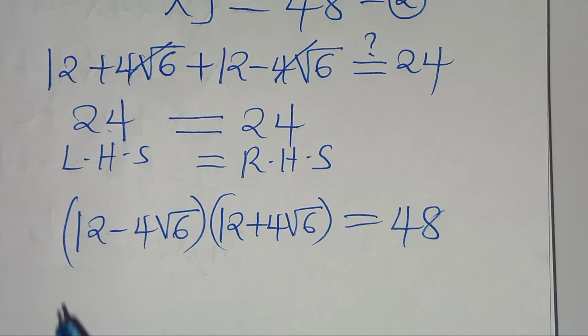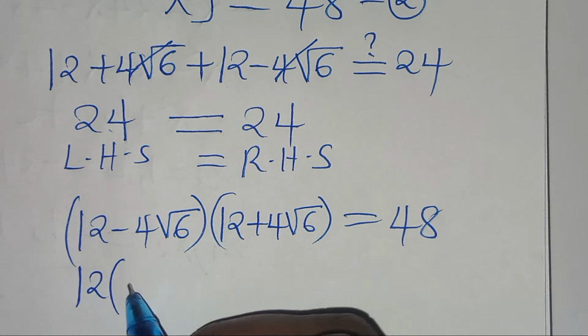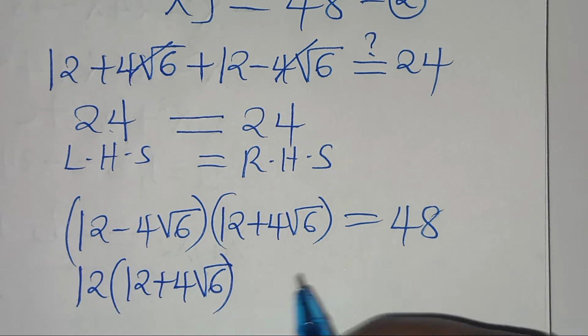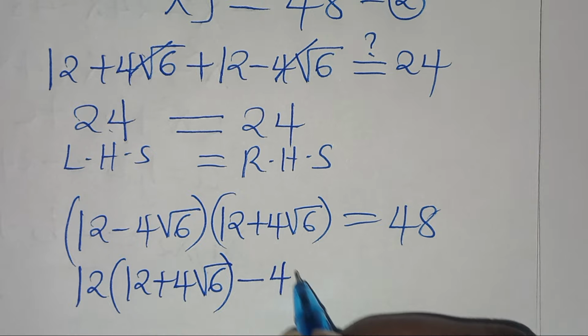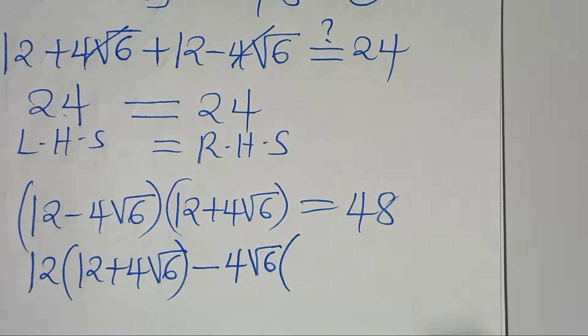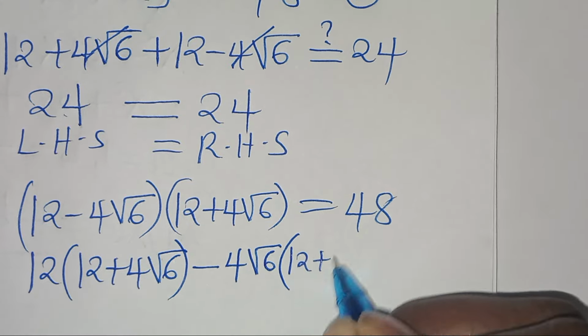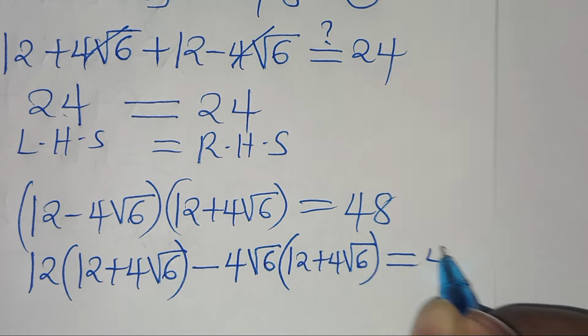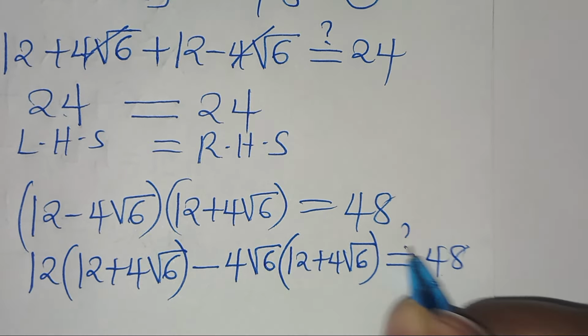So we have 12 plus 4 square root of 6, then subtract 4 square root of 6 multiplied by 12 plus 4 square root of 6. This should give us a value of 48.